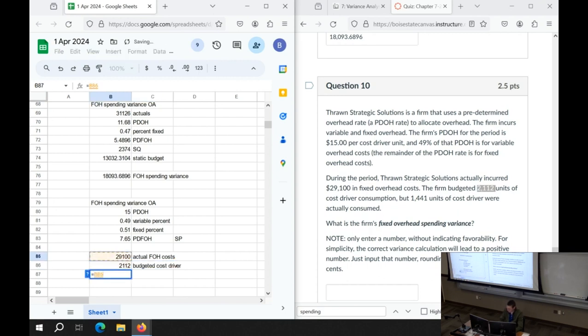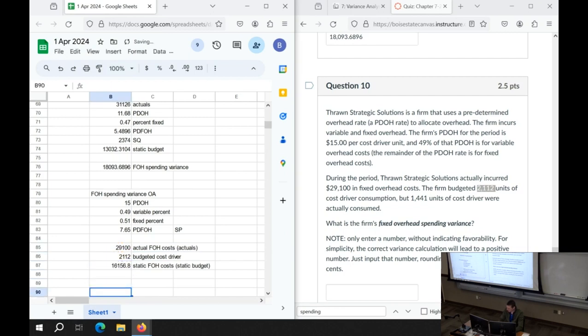So we would have budgeted, based on the predetermined overhead rate and our budgeted number of cost drivers, $16,156.8 in fixed overhead costs. That's our static budget. So for the spending variance, we can subtract these two away from each other. That's our fixed overhead spending variance.